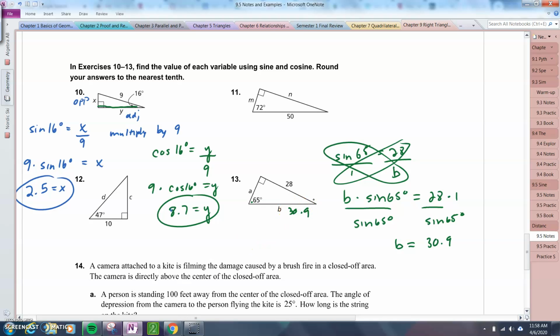And I'm going to use that to help me solve for A. I'm running out of space. I'm going to move up here. So the cosine now of 65 degrees, well, that's going to be that adjacent side. And now the adjacent side to the 65-degree angle is that A. And B, we just found that the hypotenuse is actually 30.9. So now I just need to multiply both sides by 30.9.